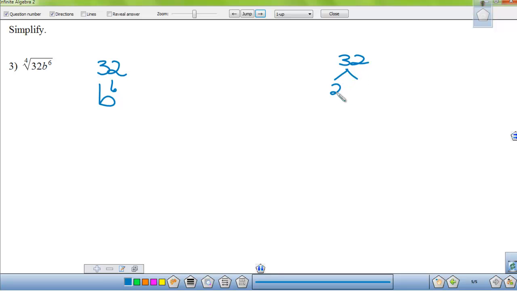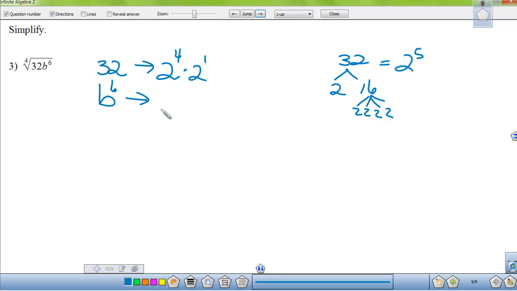So we know that this is going to be 2 times 16, and we just did 16 in the last problem, and we got 2 times 2 times 2 times 2. So 32 is equal to 2 to the 5th. And since I'm looking for the 4th root of this, I will write this as 2 to the 4th times 2 to the 1st. And then for b to the 6th, I'll write this as b to the 4th times b squared.